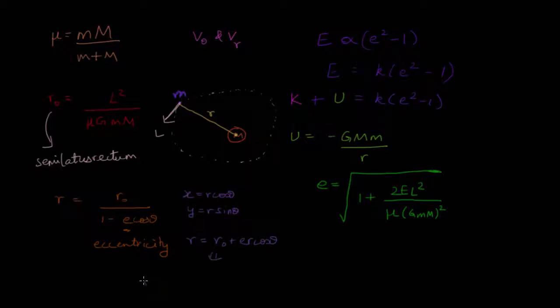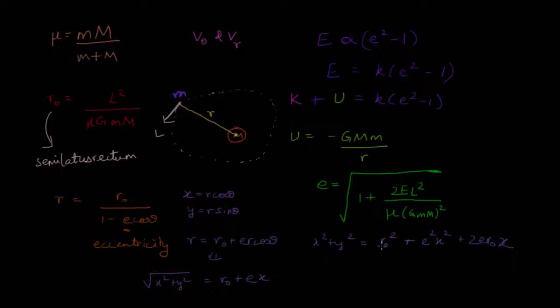So this can be rewritten as the whole under root of x square plus y square equals r naught plus ex, because this part's just x. Now what I'll do is I'll just square this and rearrange this. So x square plus y square equals r naught square plus e square x square plus 2 e r naught x, and I'll just put this over there.